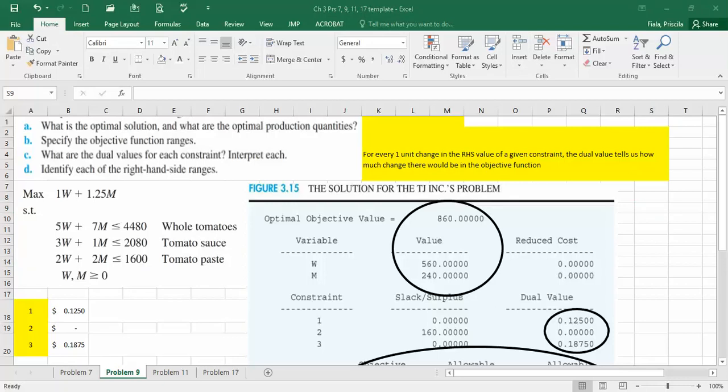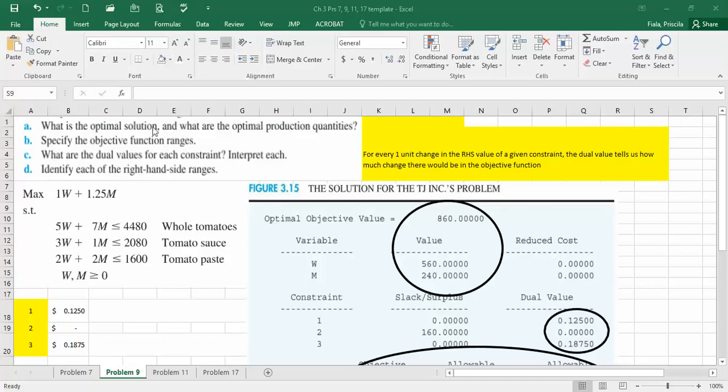Problem 9 is talking about salsa. It's talking about Western food salsa, if I'm not mistaken, and Mexico City salsa, which they have abbreviated as the variables W and M. Okay, so a solver or whatever software they would be using has done all the calculations for you and defined that the idea right here would be to produce 560 jars of Western food salsa and 240 of Mexico City salsa to get a maximum profit of 860.